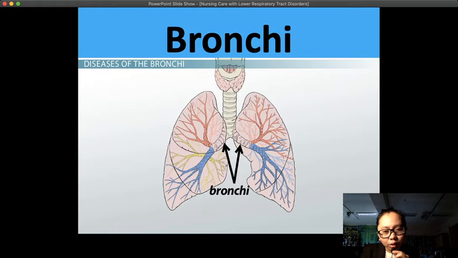Singular form is bronchus. Left and right. Remember, bronchi is the passageway of large air from your trachea to your lungs.